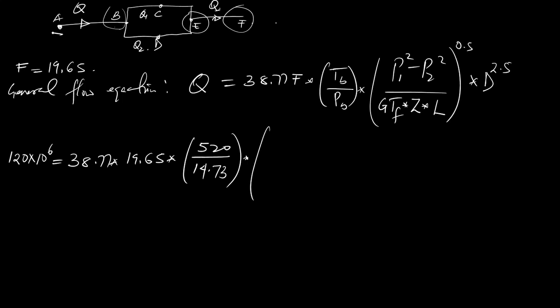We know the pressure P1, which is the pressure at A, to be 114.73 raised to power 2 minus PB, the pressure at B, squared, divided by G 0.6 times the gas temperature 520 times 0.9 as the compressibility factor times the length, which is 10 miles.